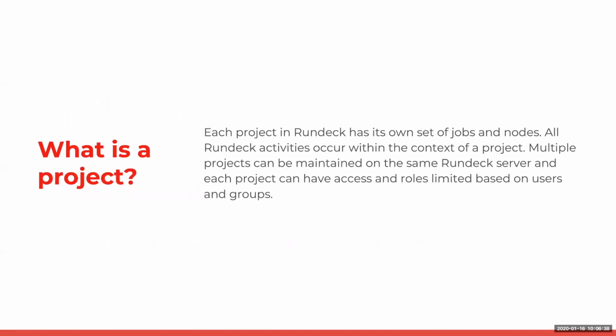So first thing is a project. If you've used Rundeck at all, you probably have run into what a project is. A project is kind of a logical container in Rundeck. The main things that are contained in them are jobs and nodes. You're very familiar with jobs. You're probably also familiar with nodes, and we'll talk about what they are in just a minute. Everything that you do in Rundeck in general, barring an administrative activity, is done within the context of a project.